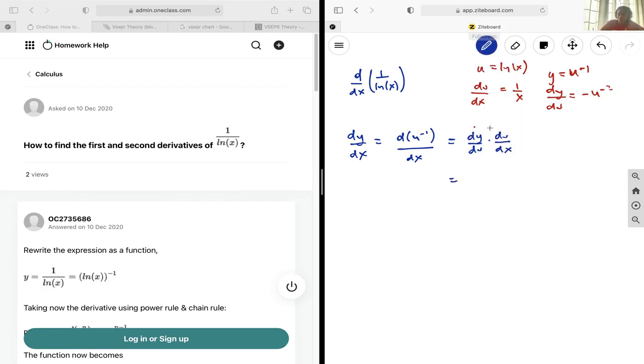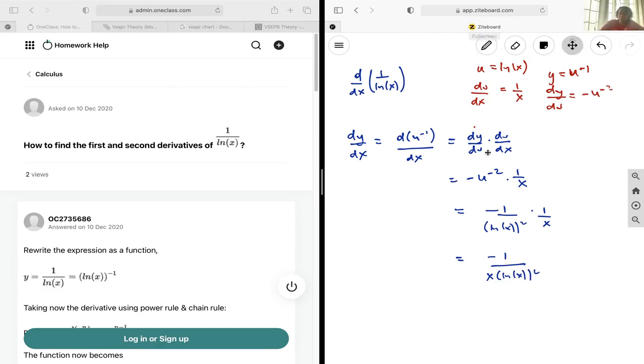And so this will become dy over du, so -u to the power of -2 multiplied by du over dx, so 1 over x. This will become -1 over ln x squared times 1 over x, so -1 over x ln of x squared. So that is going to be the first derivative.